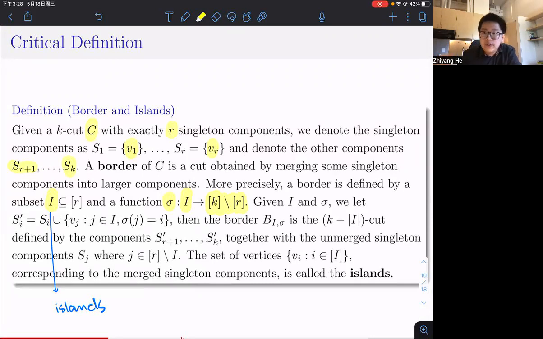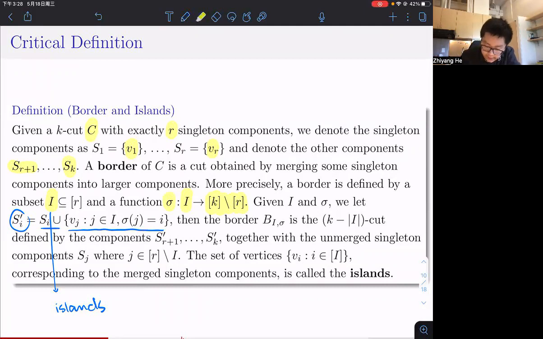Now given the set of islands and this map, we are going to define a new large component as follows. We're going to say S_i prime is S_i, which is the original large component, union all the islands that are mapped to S_i. So now how many components do we have?